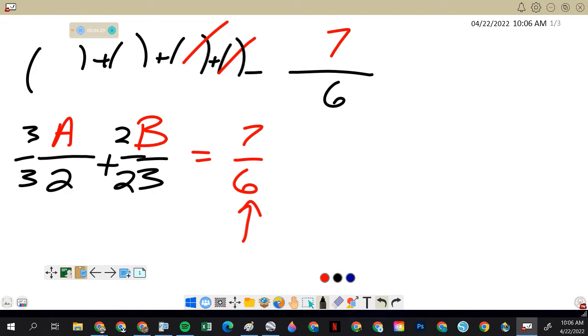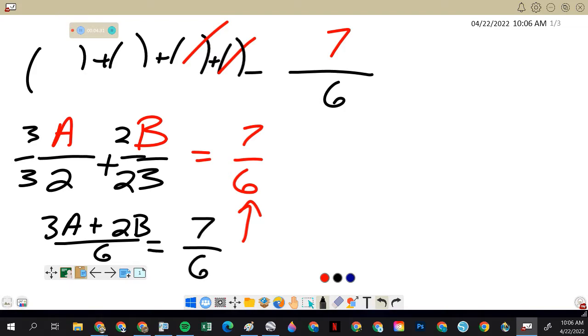So now I have the equation 3A plus 2B over 6 is equal to 7 over 6. Well, now I don't need the 6 anymore. I can just multiply both sides by 6 or just delete the 6. And I get 3A plus 2B equals 7.